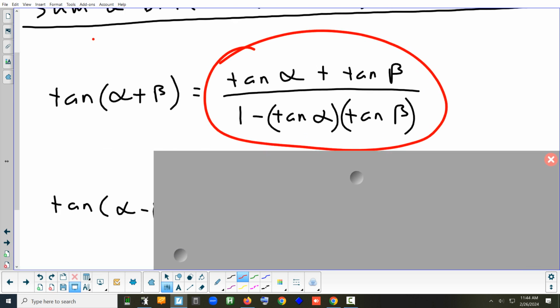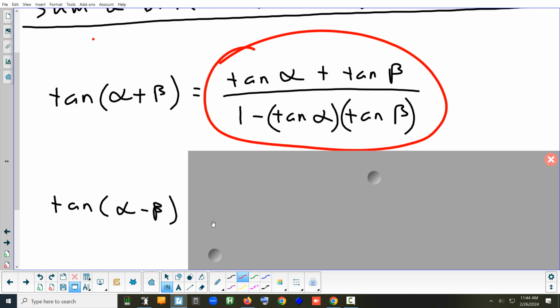But my hope is that you could figure out, knowing the plus version, what the minus version would be. What do you think the numerator would be when you have to do tangent of a difference? Yeah? Does that negative sign turn to a positive sign? So what do you think would be in the top? The negative would be in the top.